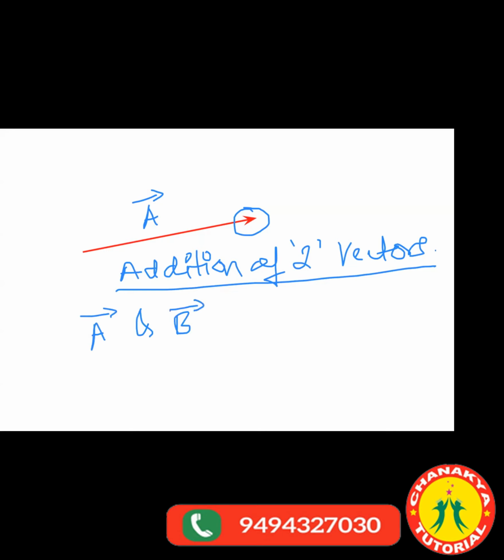The addition of vectors means, for example, let's say I have vector A like this and vector B like this. They have some angle between them, theta.